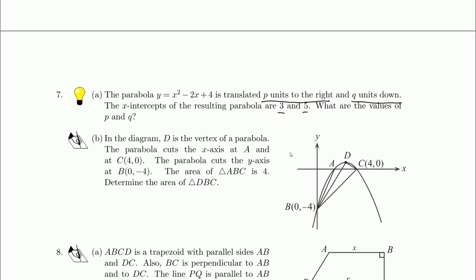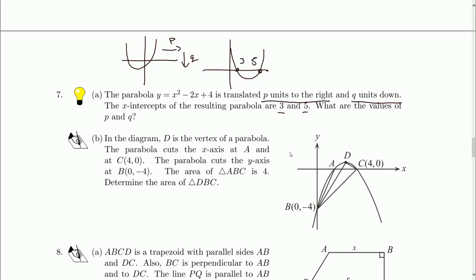Okay, so we have a parabola, something like this, and then we shift it over by p, and it goes down by q. Well, we know 3 and 5.